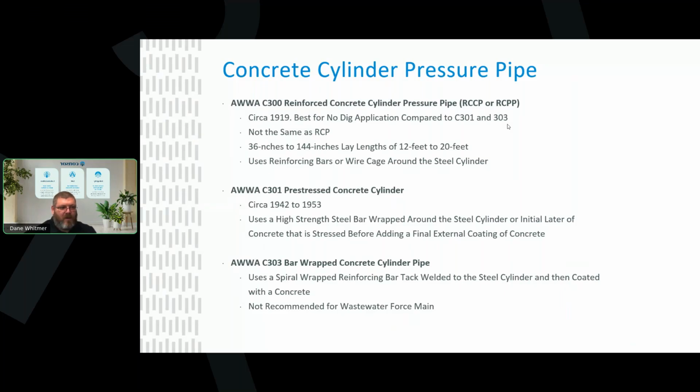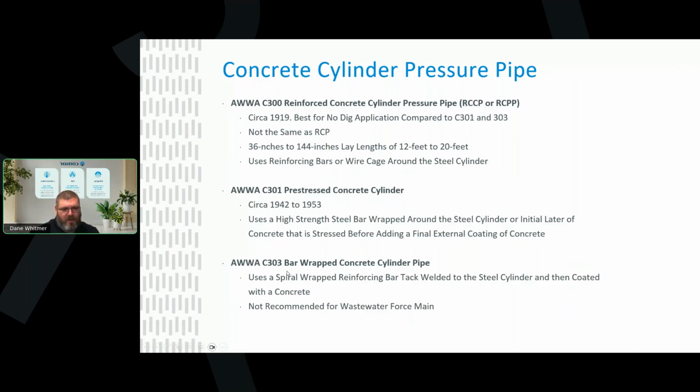The concept behind all of these is that they start with a steel shell, and then there is a reinforcement that goes around them, whether it uses a cord that is stressed during the installation, or more like a cage for a column, a loose wrap, the C303 type pipe.